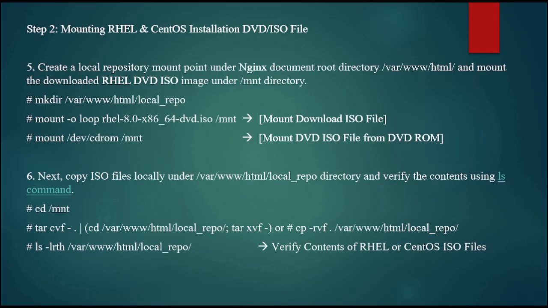Once we copy our repo into the Nginx root directory local_repo, we verify that the directory is showing or not. We use the ls -lrth command on the /var/www/html/local_repo directory.